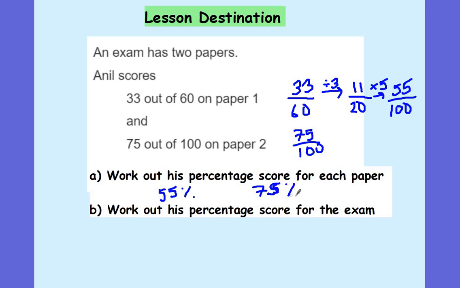75%. I then asked you to work out his percentage score for the exam. Now to work this out, I know that my total is 160, because 100 plus 60 gives me 160. And the total marks that he got were 33 plus 75. 33 plus 75 would give me 108. So we know that he's got 108 out of 160. We can now divide that.